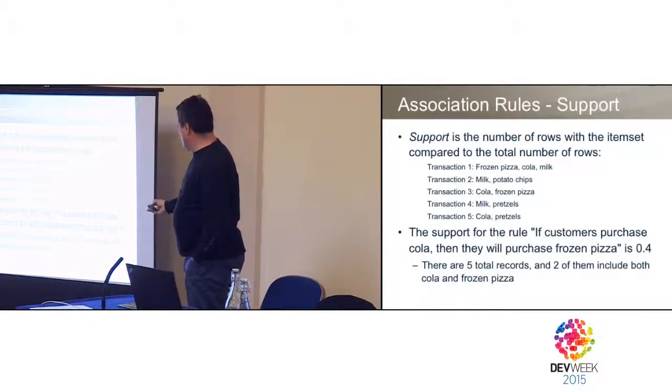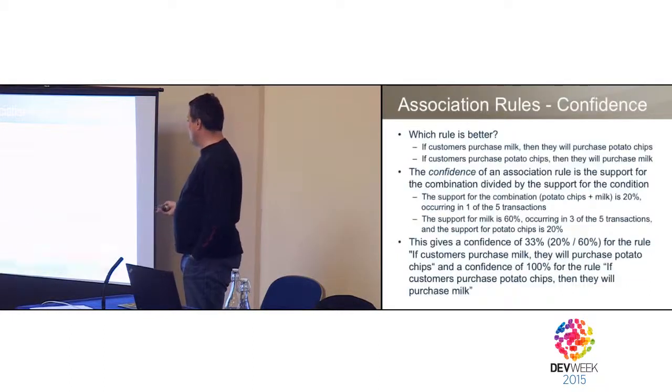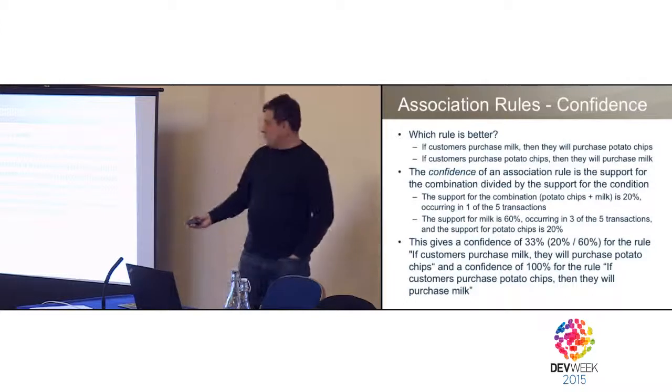Now take a look here. Milk appears in 3 transactions, while potato chips only in 1. So whenever potato chips were in the basket, in all of those cases, milk was also in the basket. The opposite is not true. Only in 1/3 of cases, the potato chips were also there.